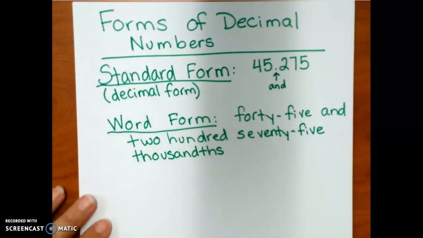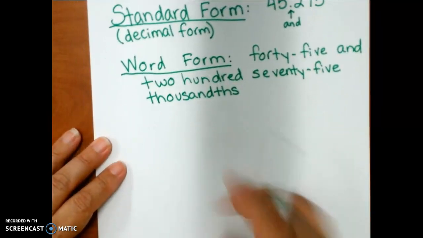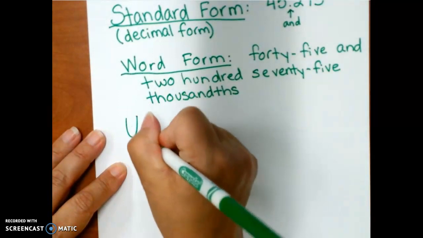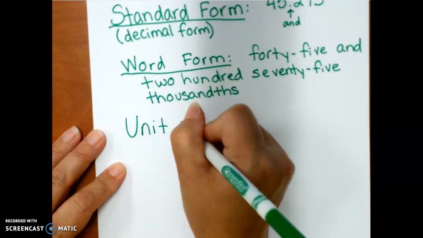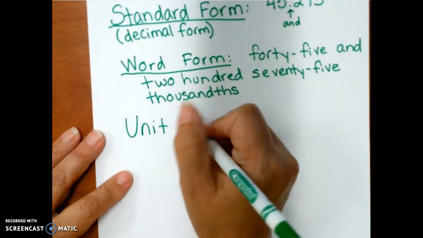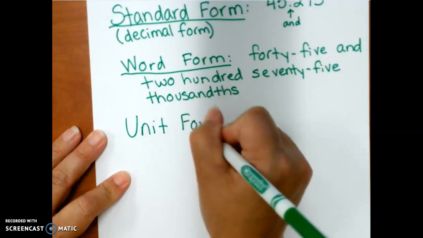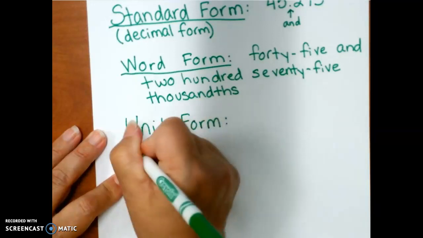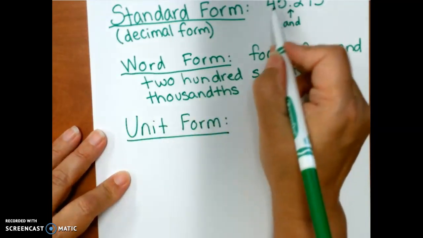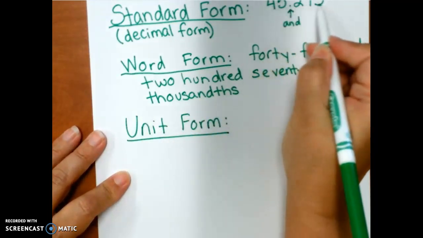Let's talk about unit form, because that gave us some trouble too. Unit form is kind of a combination of expanded form and word form. So for unit form, again, I'm working with 45 and 275 thousandths.